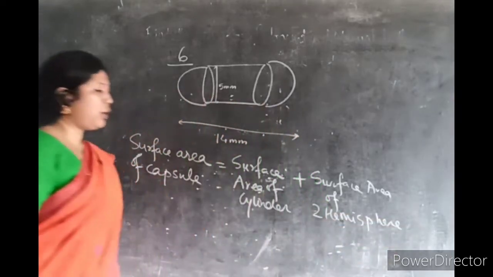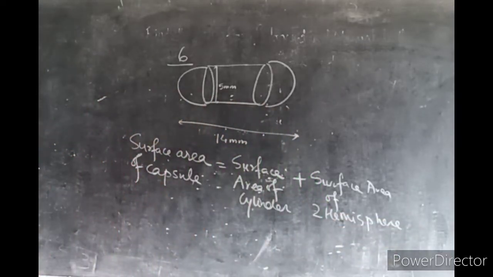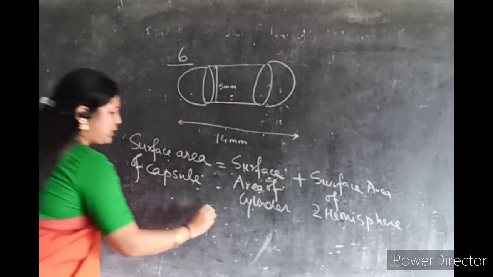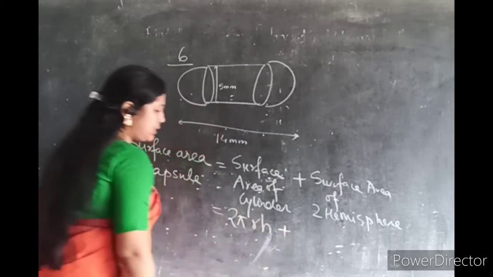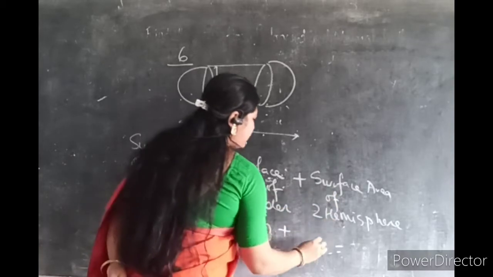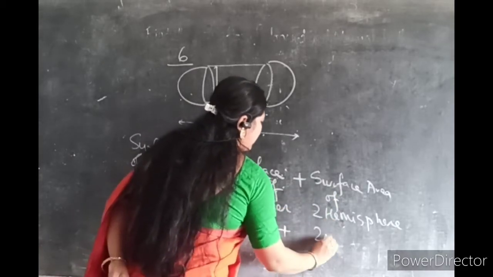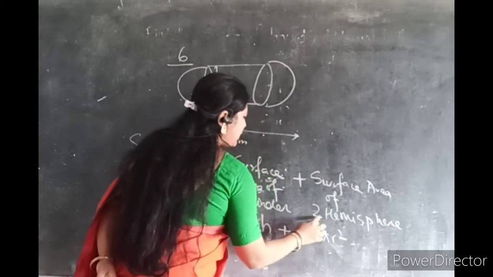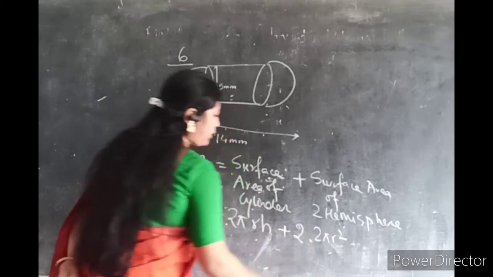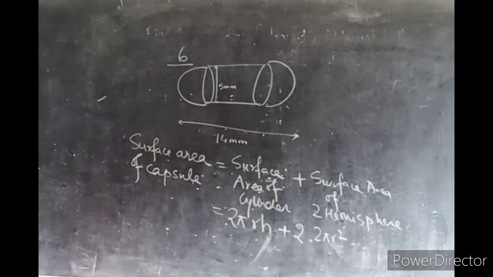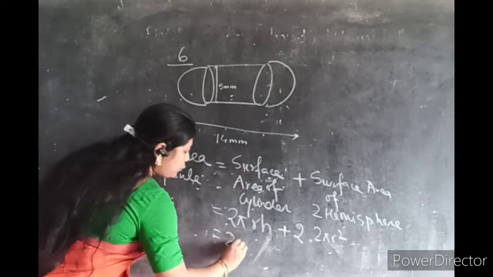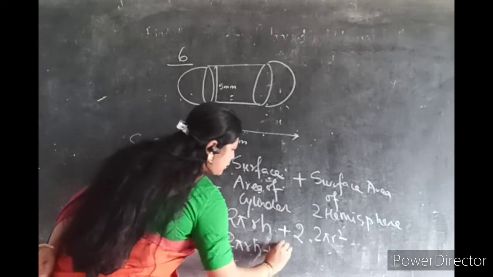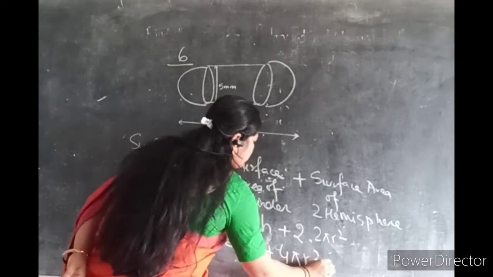So since there are two hemispheres, as we know the surface area of the cylinder is 2 pi r h, plus the surface area of a hemisphere is 2 pi r square, this is 1, but since there are two hemispheres, so we have to write 2 times, isn't it? So here that means 2 pi rh plus 4 pi r square.